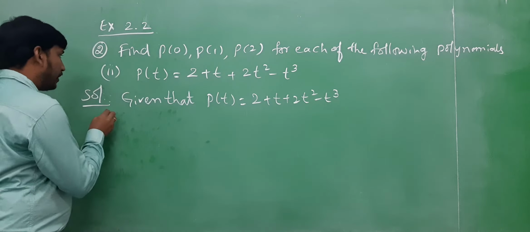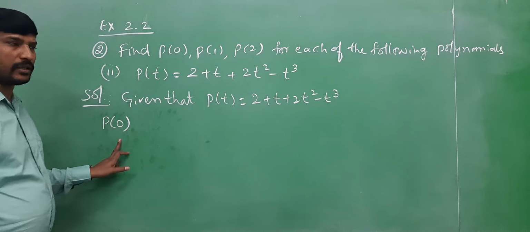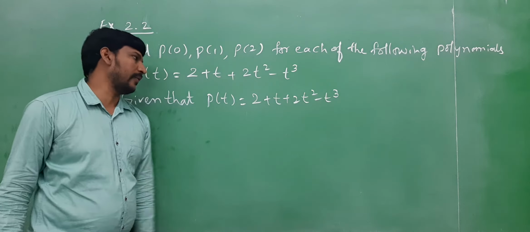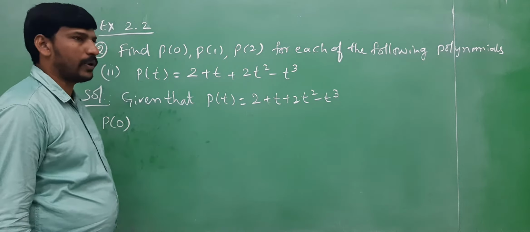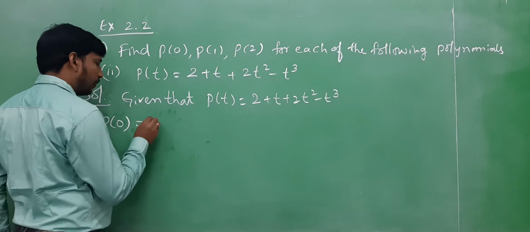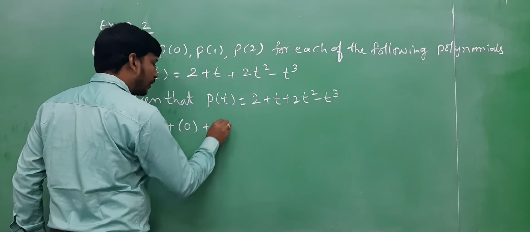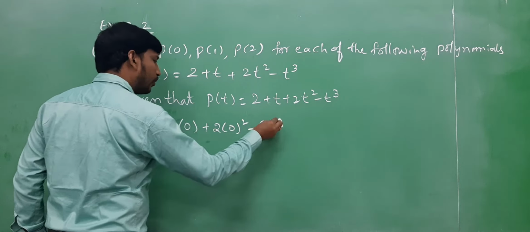Okay, now in that the first one is p of 0. P of 0 is nothing but in the place of t replace 0 here. Wherever it is t, you can replace 0 in the given polynomial. P of 0 is equal to 2 plus 0 plus 2 into 0 square minus 0 cube here.